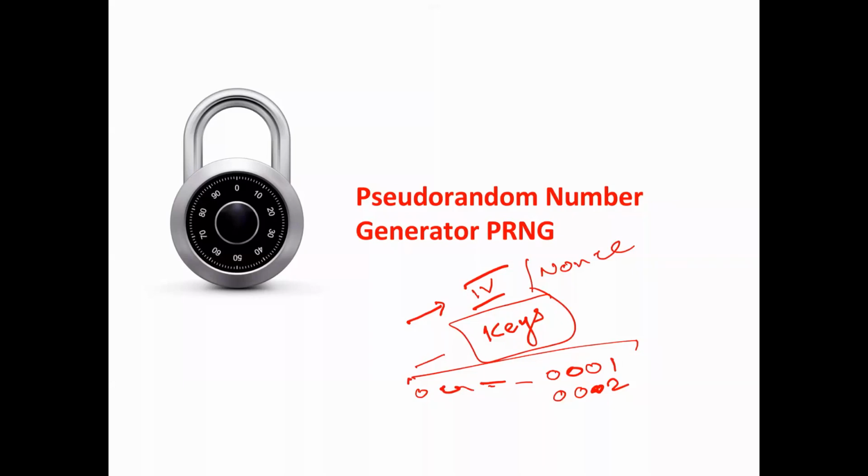In symmetric encryption, the key has to have randomness in it such that nobody should be able to guess it. That's a random number generator. Then we have used IVs, initial vectors, in CBC mode, which also have to be random. Nonces are random.